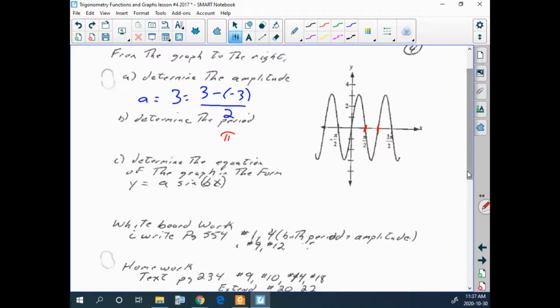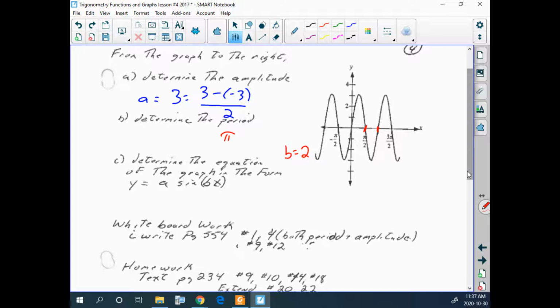Going up, going down, going back up. So my original graph was 2 pi for a period. I now have pi units for period, so I did a horizontal stretch by a factor of 1/2. Since I did a horizontal stretch by a factor of 1/2, my b value must equal 2.